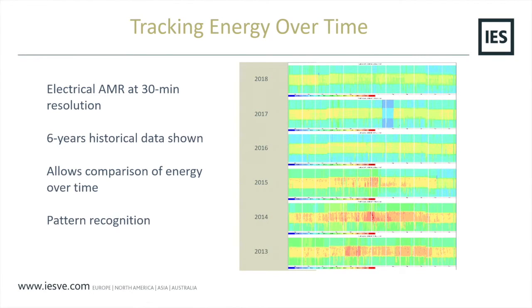The red indicates a higher energy use, and as we then move through the years, you can see that we were actively tracking that building over time, and then we can see last year in 2017, 2016 as well, we can sort of visually see the seismic shift from a high energy using building to a sort of medium intensity use. But again, you're not going to get into this pattern recognition if you don't have the data.